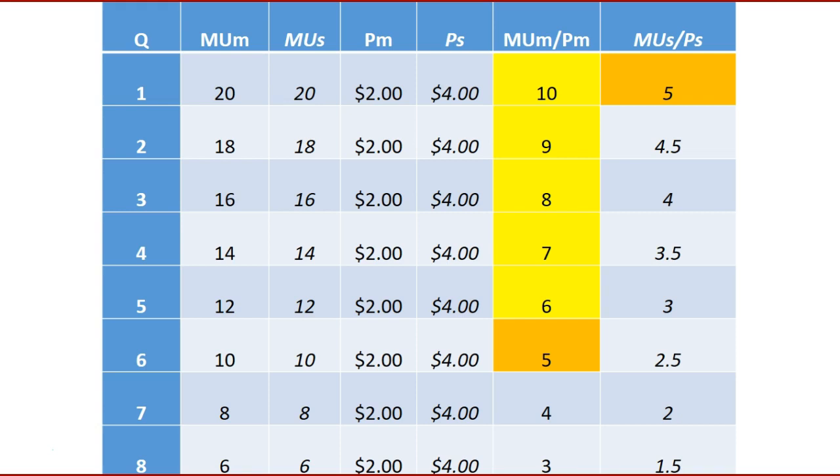Can we afford it? Well, we've spent $10 already. Can we afford to buy an extra Mars bar and a Snickers? Well, an extra Mars bar will be $2, and we're buying a Snickers for $4. So by buying the 6th Mars bar and the first Snickers, we're spending $4 plus $2, $6 in total.